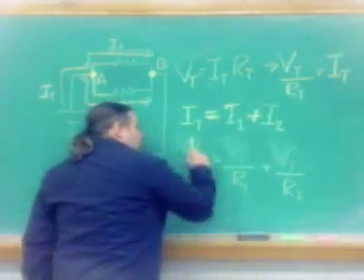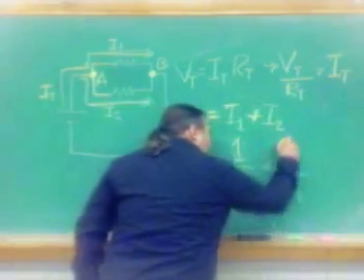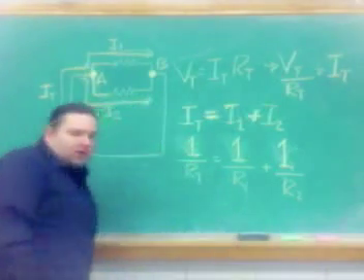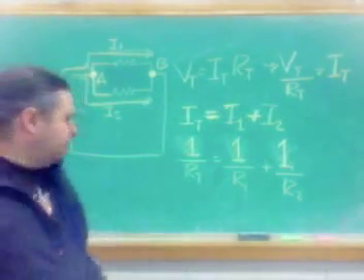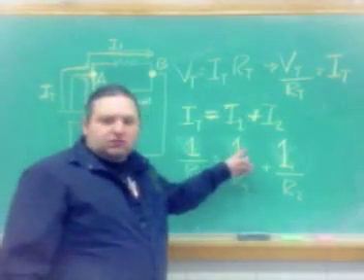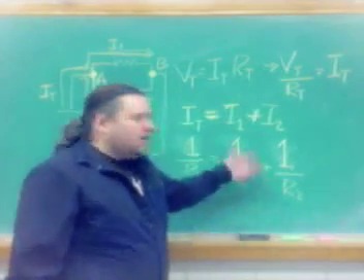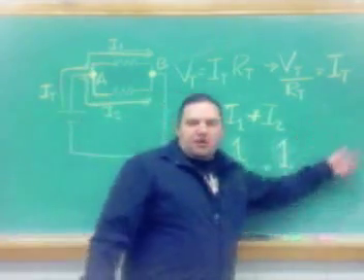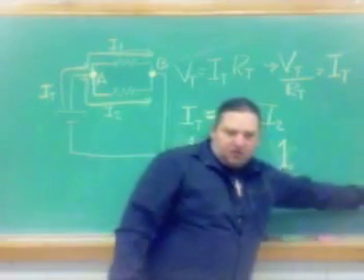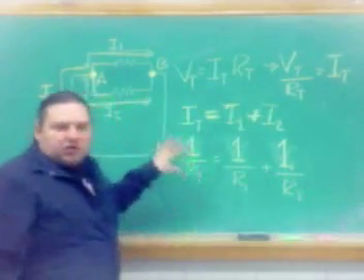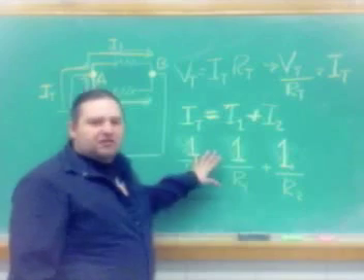So you're left with 1 over RT is equal to 1 over R1 plus 1 over R2, and if I had more resistors, R3, R4, R5, R6. Okay? So that's our way in which we can calculate the total resistance in the circuit.